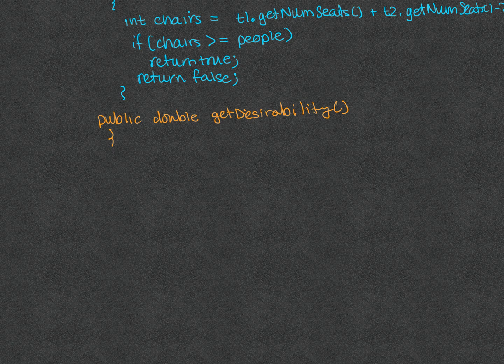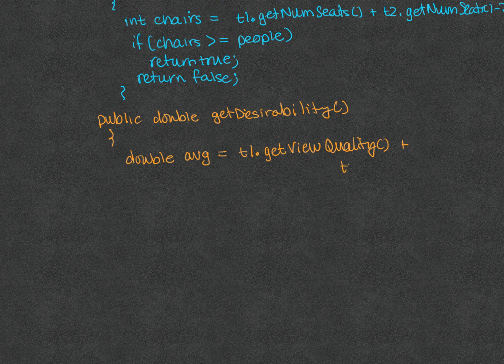So double average is going to be T1 dot get view quality plus T2 dot get view quality. Now, oops, I forgot to divide by 2. So next thing I'm going to do is if the tables have the same height, then that'll be their average that we return.